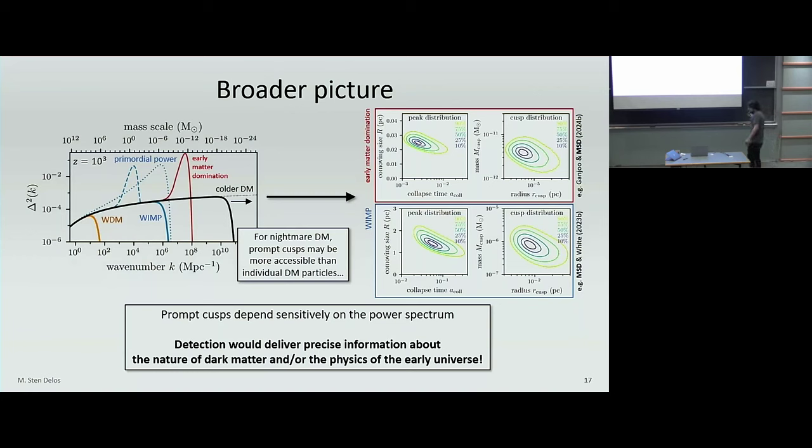It could be that the prompt cusps are the only experimentally accessible signature of the dark matter. The idea is, maybe the dark matter is heavy enough that the prompt cusps are this big. Well, remember, they do survive locally, so they would be passing through the solar system, and through the Earth. We could try to gravitationally detect them.